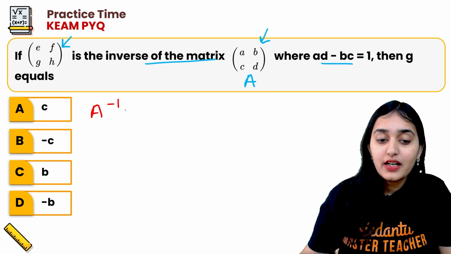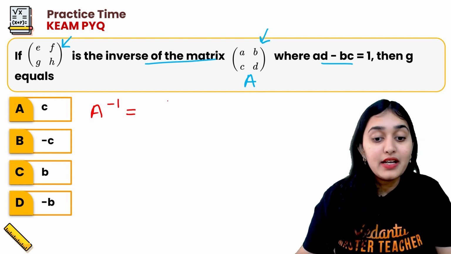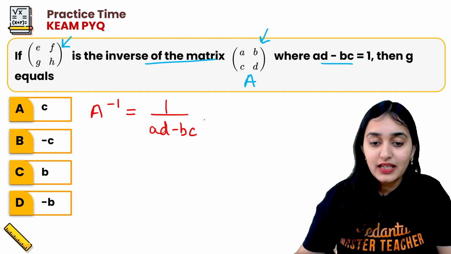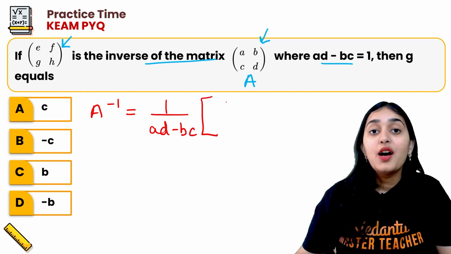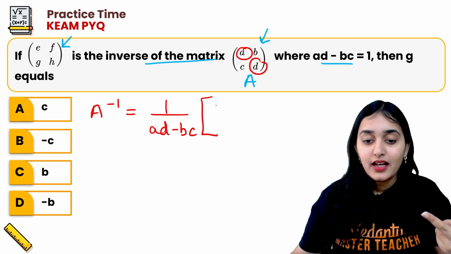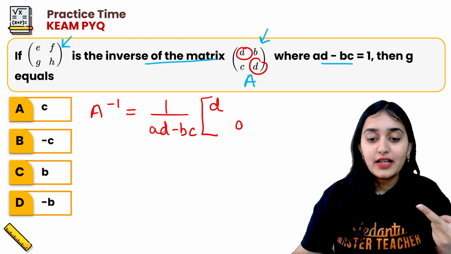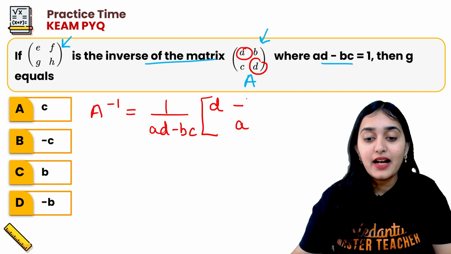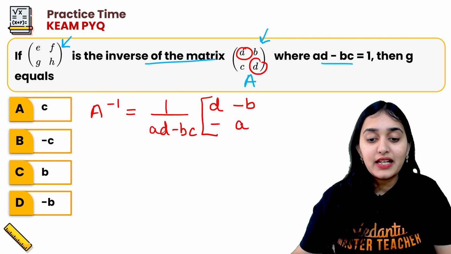A inverse will be, remember I told you the formula, 1 upon AD minus BC into what matrix? Interchange: A will become D, D will become A. And change the sign. B will become minus B, C will become minus C.